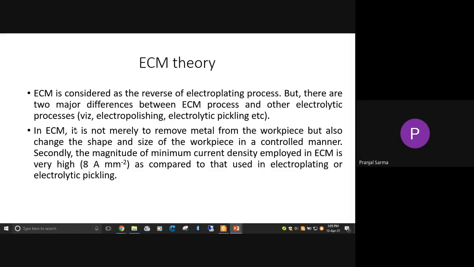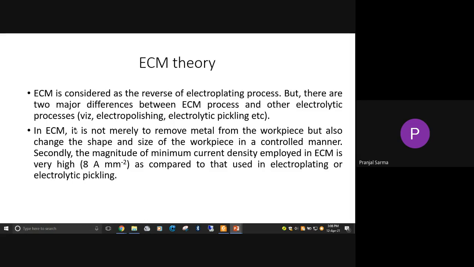On the surface of the other one, just a tiny layer, of atomic layer thickness, of the other material is deposited. If it is gold plating we're talking about, then gold will be deposited with the help of that electrolysis process.